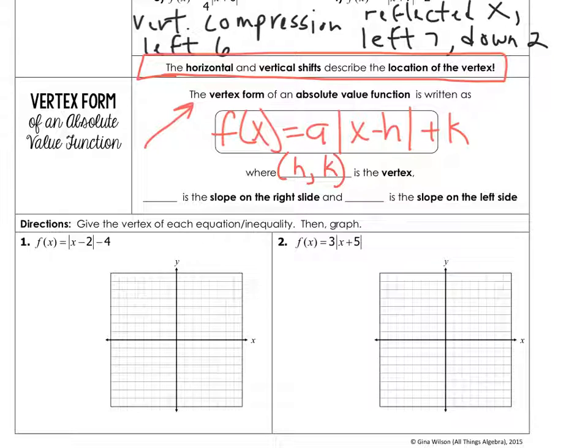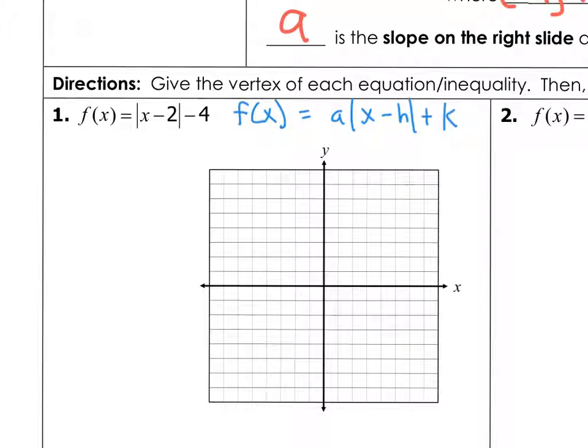And we'll also notice that the slope on the right side is the same thing as a, and the slope on the left side is actually -a. So we'll go through some of these examples to see how all of that vertex form actually works. So here on example 1, I've written out the vertex form down here so that we can see it readily. So when we look at this, we notice that A is 1.